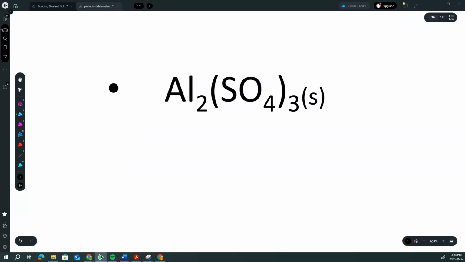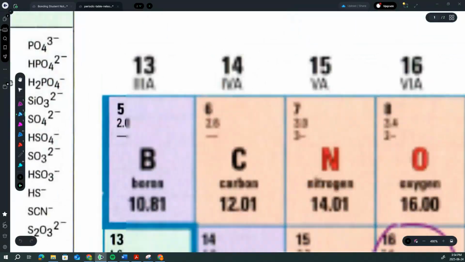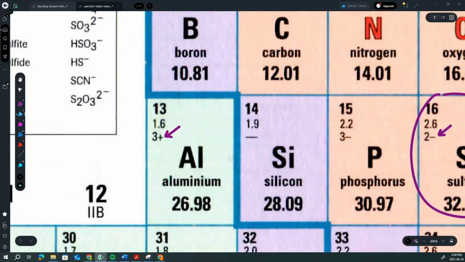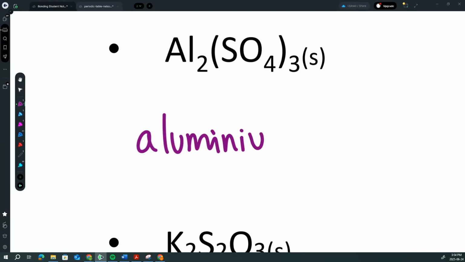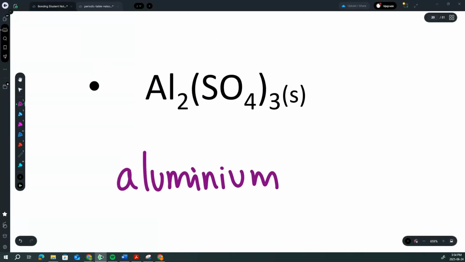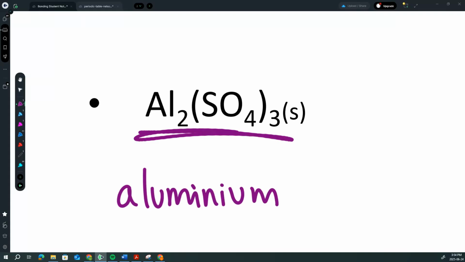The symbol for Al is going to be aluminum. Let's go and check out aluminum. It's going to be here. I notice that it's not a multivalent metal, so I don't need to worry about Roman numerals. Okay, so I'm going to write aluminum. Now, SO4. So how I know that this is a polyatomic ion is because it's surrounded with brackets. I also know that there's a polyatomic ion here because there's more than 2 elements in this entire formula.